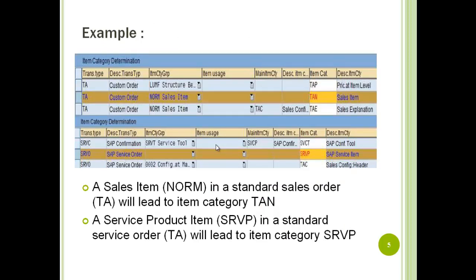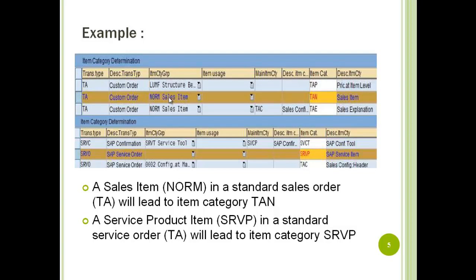This is an example of item category determination. When a user enters a product in a sales order, for example with a certain item category group, the system finds the relevant item category TAN, which is a sales item, based upon the item category assigned to the relevant transaction type TA, and the item category group NORM, which is derived from your product.